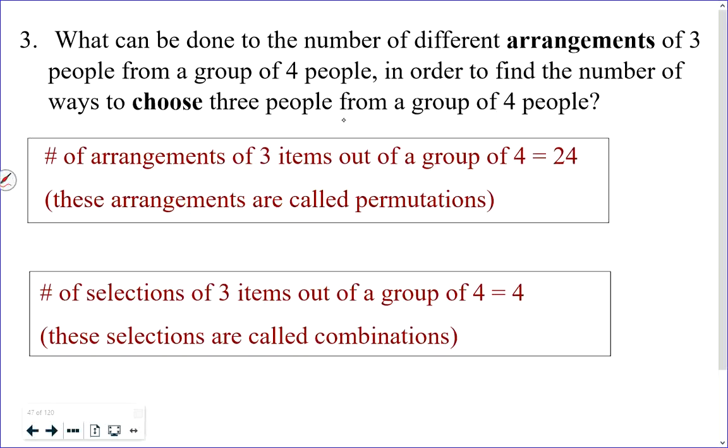Now, I think intuitively you know the answer is not minus 20, right? All the stuff we're doing here has to do with multiplication. So the bottom line is to go from 24 to 4, we can divide by 6, but that's 3 factorial. And it's no coincidence that 3 is the number of items you're either arranging or choosing.